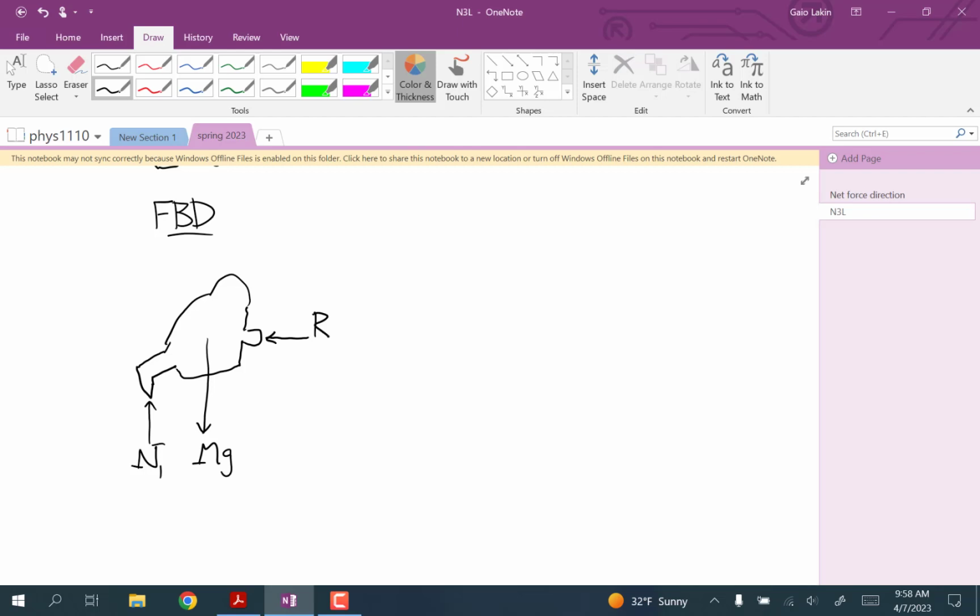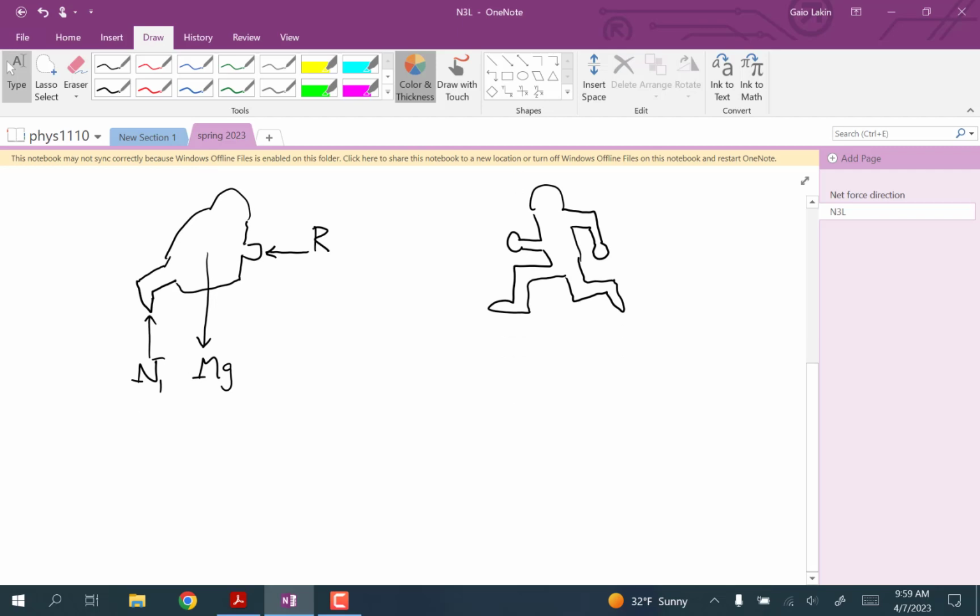Okay, and now let's look at the free body diagram of the smaller player. They look the same size here, but this person has much less mass than the person on the left.